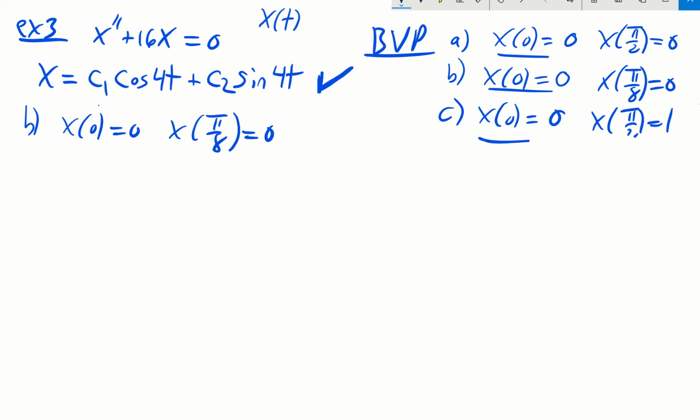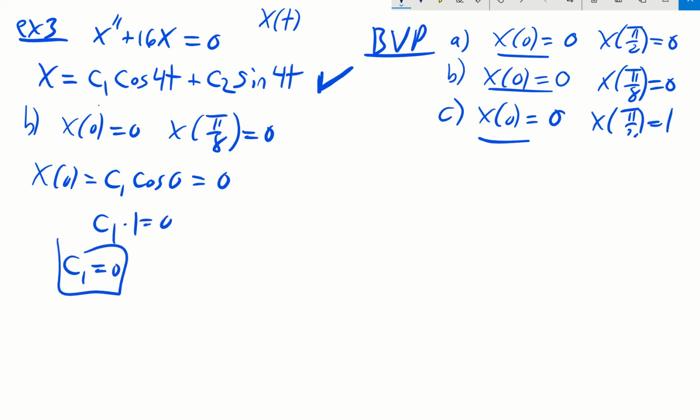When you plug 0 into this function, we get out 0, and we know that this implies that C1 equals 0. So we already know that the function is going to be of the form x of t equals C2 sine of 4t.